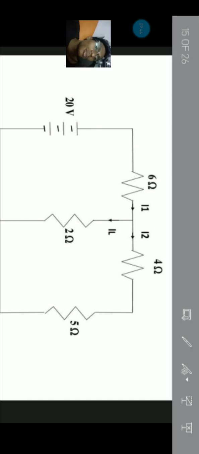Okay, now we will jump into the problems. Here R1 is 6 ohms, R2 is the load, R3 is 4 ohms, R4 is 5 ohms, and the voltage is 20. The load resistance of 2 ohms will be open circuited here.